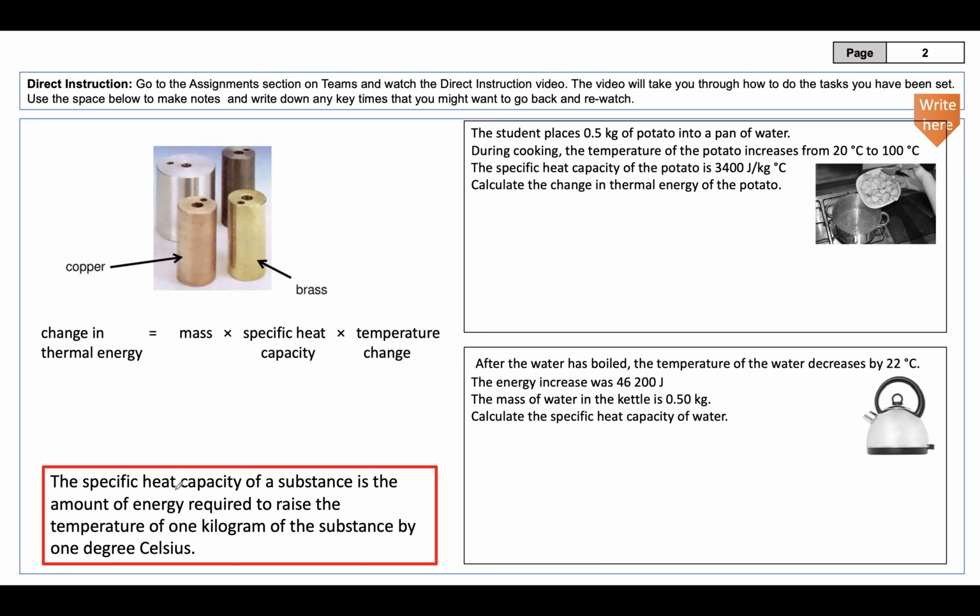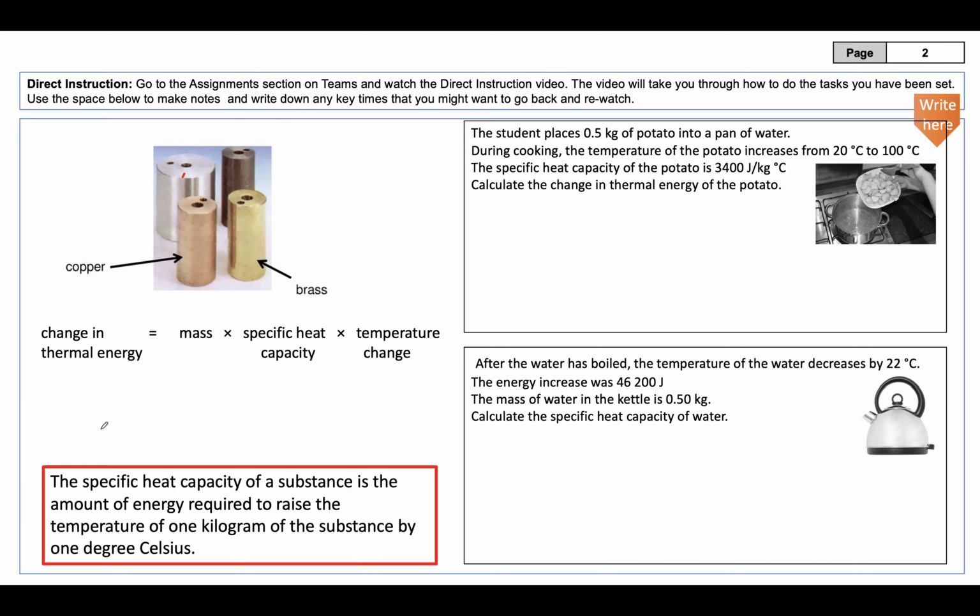The specific heat capacity of a substance is the amount of energy required to raise the temperature of 1 kilogram of the substance by 1 degree Celsius. So for example, this aluminium might have a specific heat capacity of 900 joules per kilogram per degree Celsius. That means I would have to supply this with 900 joules of energy to increase its temperature by 1 degree Celsius. These all have a mass of 1 kilogram.